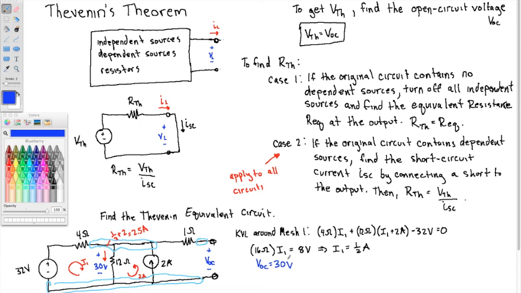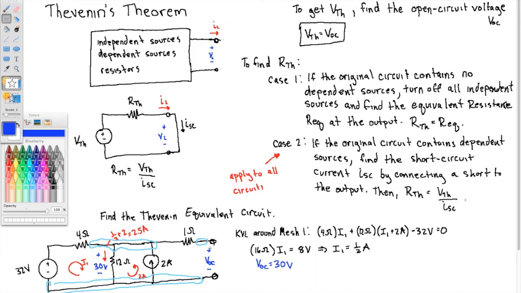All right. So the next thing I need then is the Thevenin equivalent resistance of the circuit. So notice our circuit here has no dependent sources. So case 1 applies, so we can turn off all independent sources and find the equivalent resistance at the output.